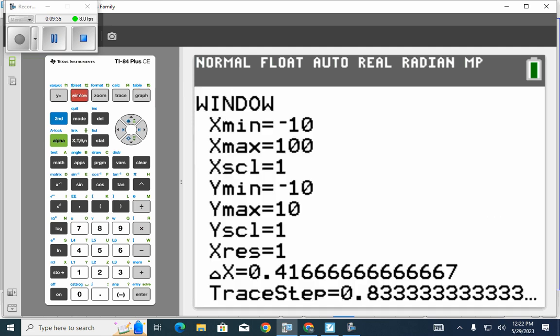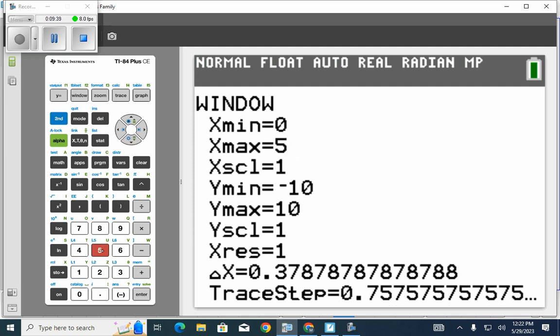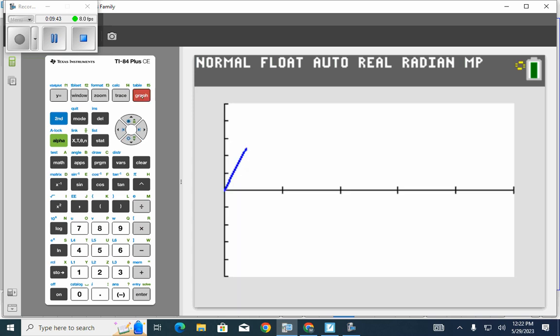Whereas if you know what the window setting should be, so I'm going to go from 0 to 5, and I'm going to go from -5 to 5, now I get those nice waves. So it's just like what we've done in our other units, where you have to think about what your x min and x max should be, your y min and y max. It's the same thing with this, but you have to understand the A and the B and how they affect the picture in order to be able to do the window setting.